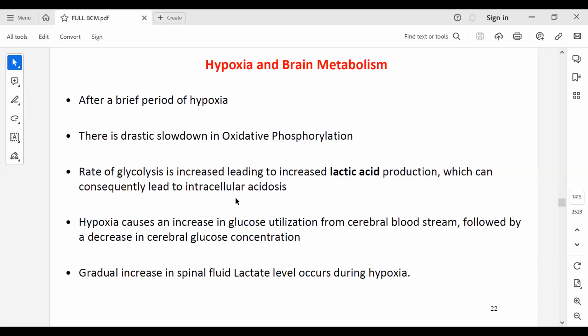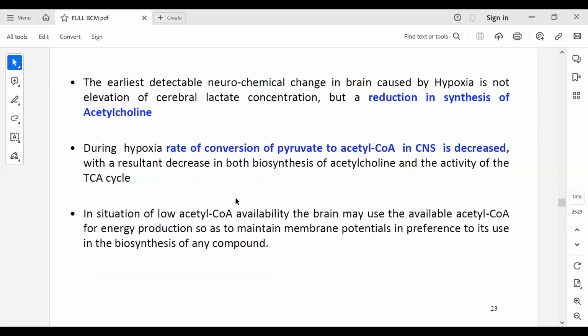There is no oxygen to accept all those electrons and make water in the end. So there will be a lot of lactic acidosis in the brain also. And that can again lead to reduction in synthesis of acetylcholine.